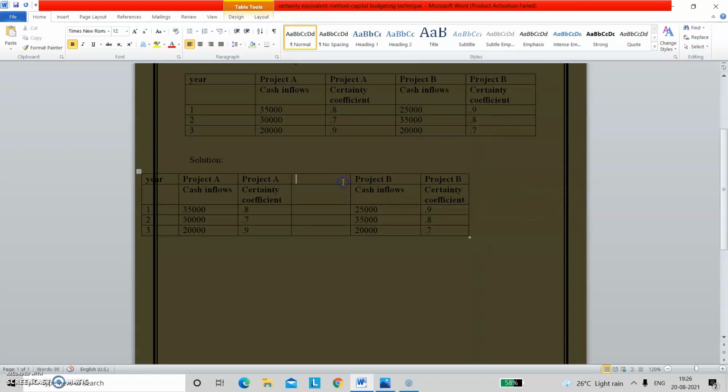Here I am going to write the certain cash flows for project A. How do we get this? We multiply the cash inflows with the certainty coefficient.